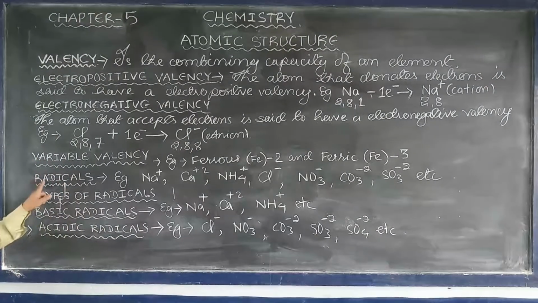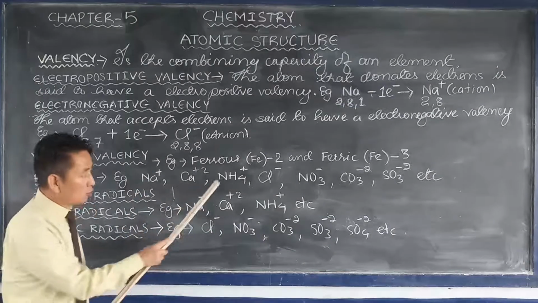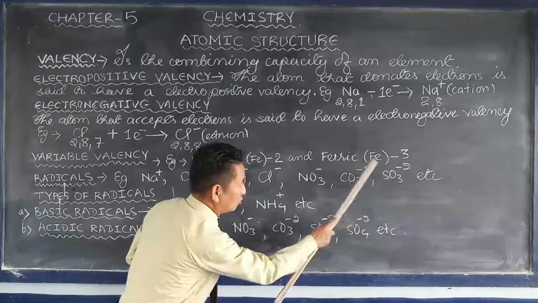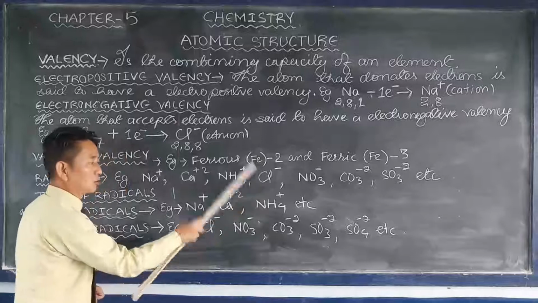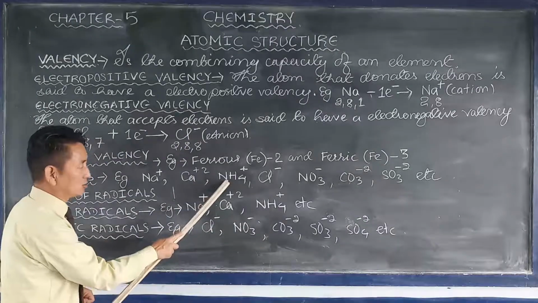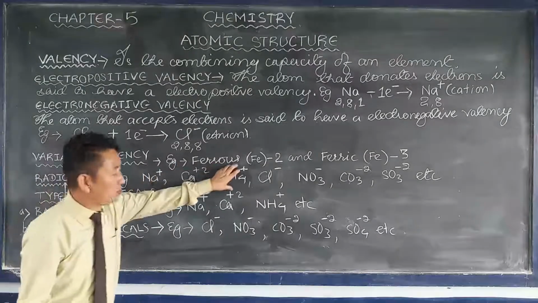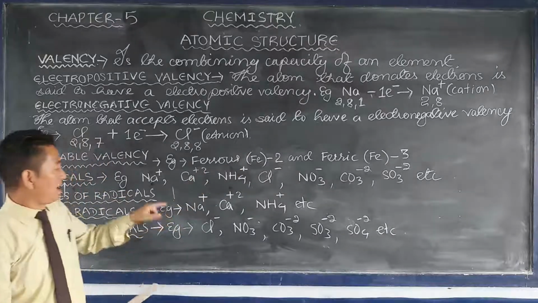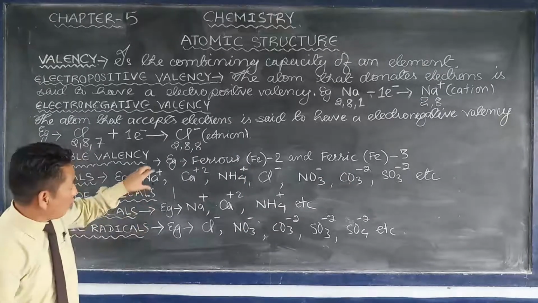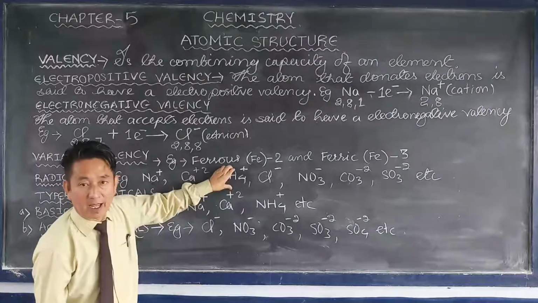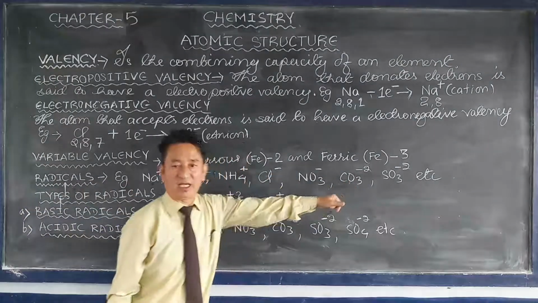These are groups of atoms: sulfur and oxygen, carbon and oxygen, nitrogen and oxygen, nitrogen and hydrogen. Here once again, a radical is an atom or group of atoms which behaves in the manner of a positive or negative charge. They have their own symbol and formulae and combining capacity. Combining capacity means valency.